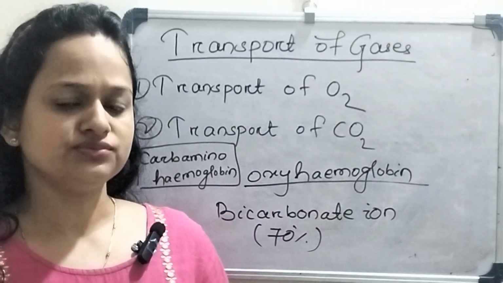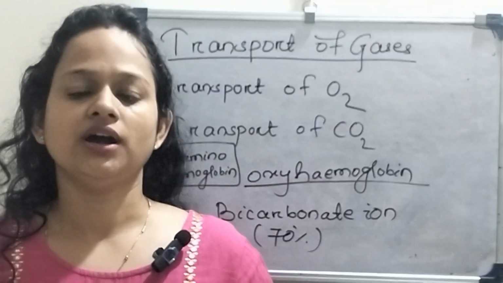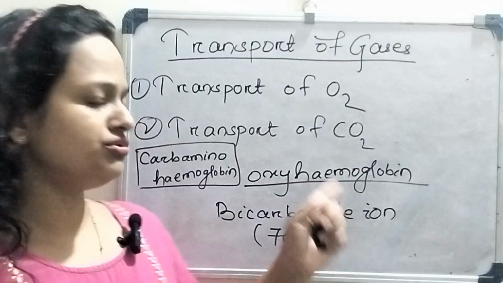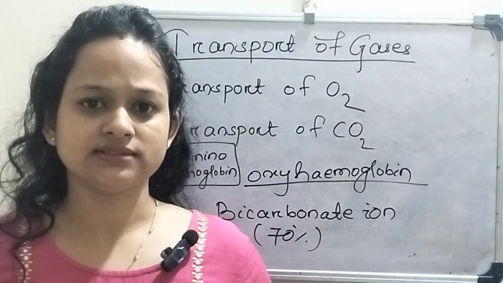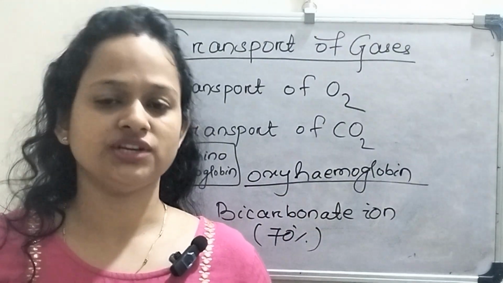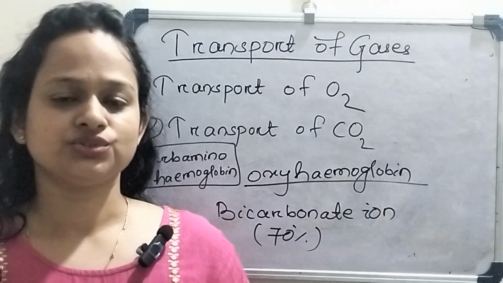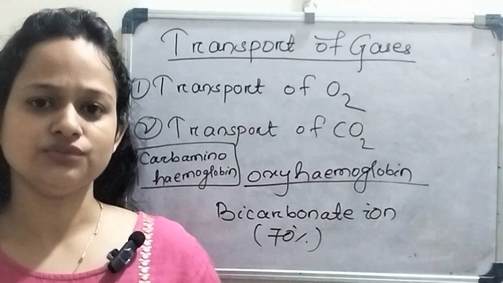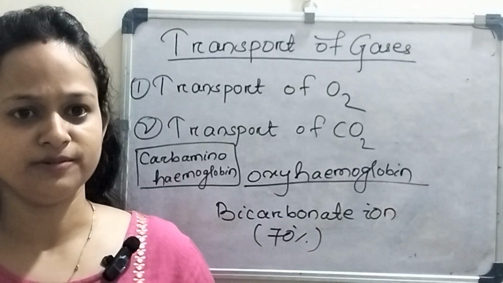In these two forms it reaches the alveoli of the lungs, and in the alveoli, the bicarbonate ion breaks and forms carbon dioxide and water again. So these were all about the process of respiration in humans.